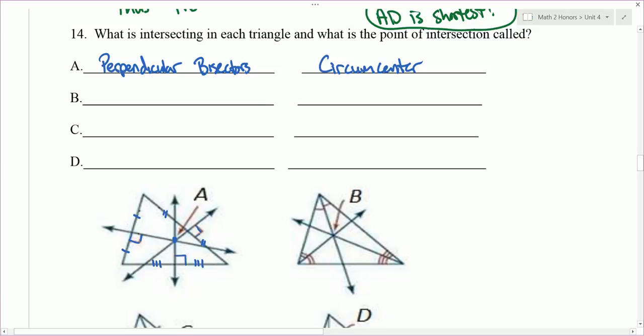In B, what we see is that each angle is being cut in half, and so these are angle bisectors. And all three angle bisectors meet at a point, and we call that the incenter.